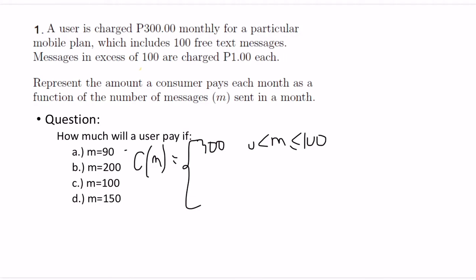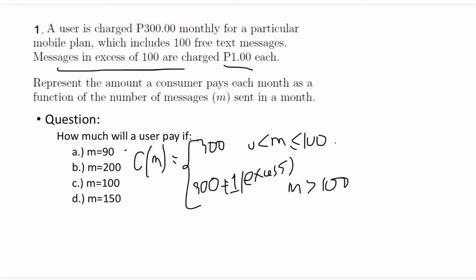Okay. Now for the next part is this one, messages in excess, so meaning excess. So M is greater than 100. So your payment will be the 300 for the first 100. So this is for the first 100, so that is 300 plus the excess. That is, you multiply it by the price. So the price is 1 peso times the excess.